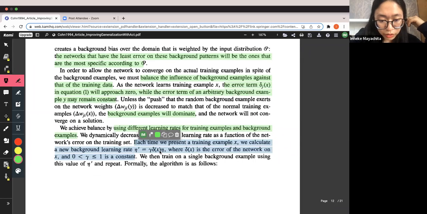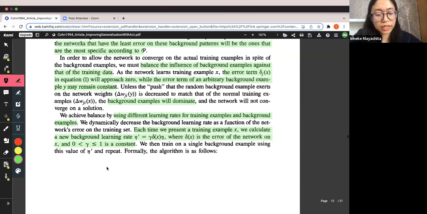So this is the background learning rate. There is this constant here. In the later parts of the paper, they mention that they pick 0.75, if I'm not mistaken.